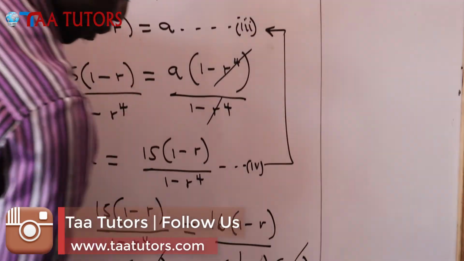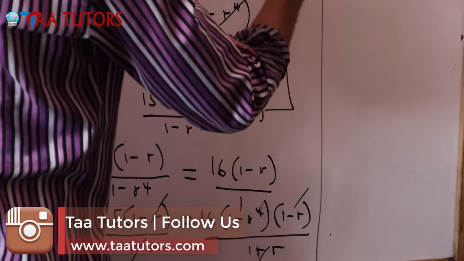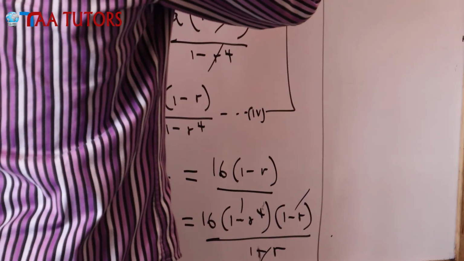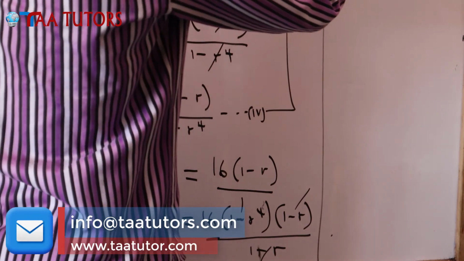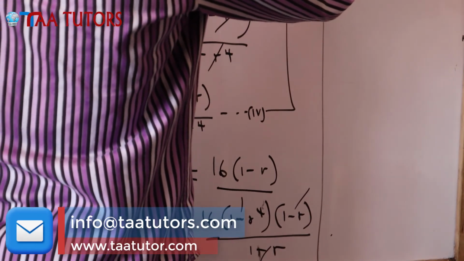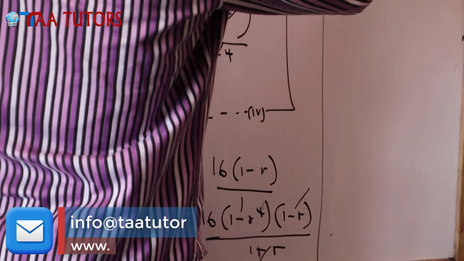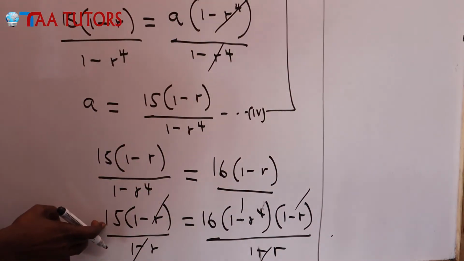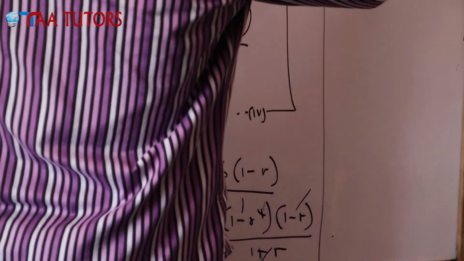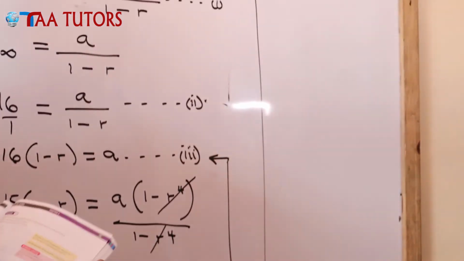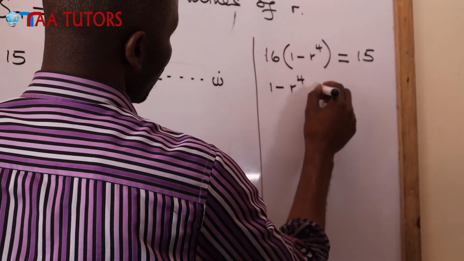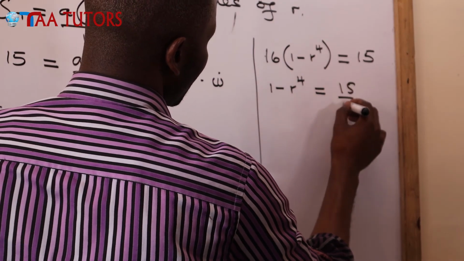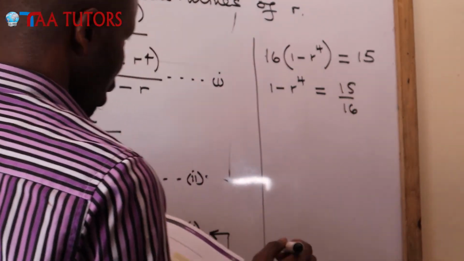So here we are going to have 16 into (1 minus r)^4 equals 15. So 1 minus r^4 is actually 15 over 16.